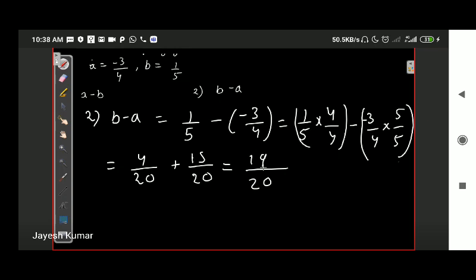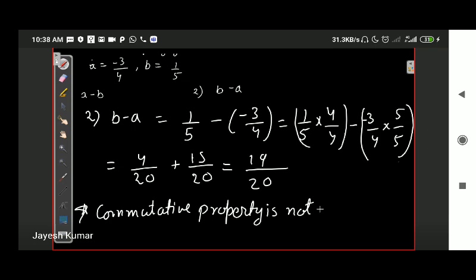So commutative property is not applicable for subtraction.